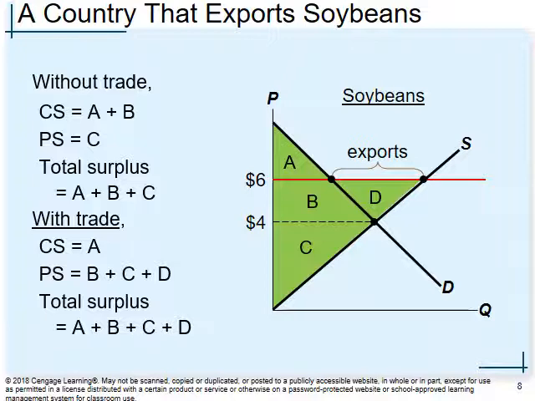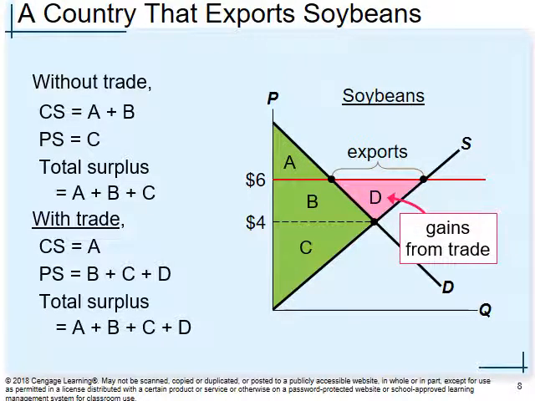Of course, there are losers and winners. In this case, producers are the winners because their producer surplus is much higher. At the same time, consumers are losers because their surplus is reduced to only the area A. So the area D is the gain from trade.